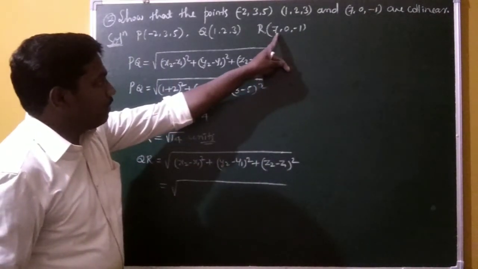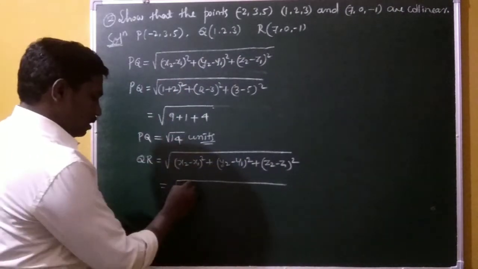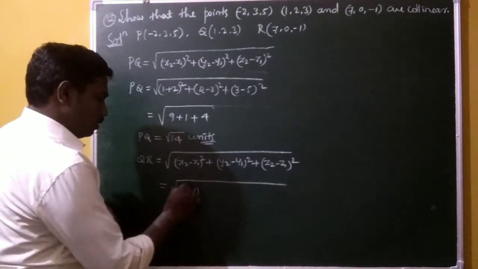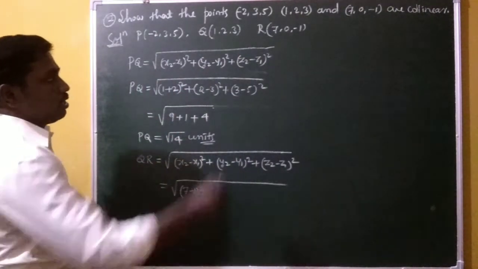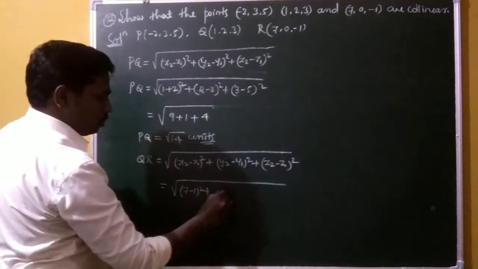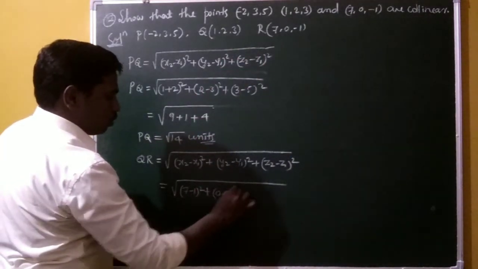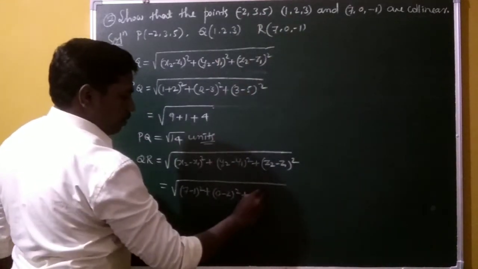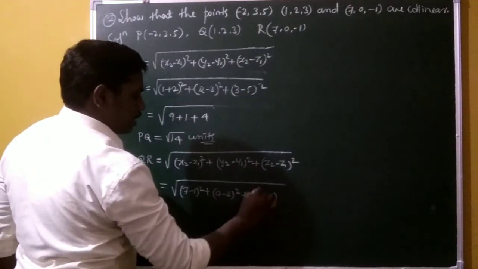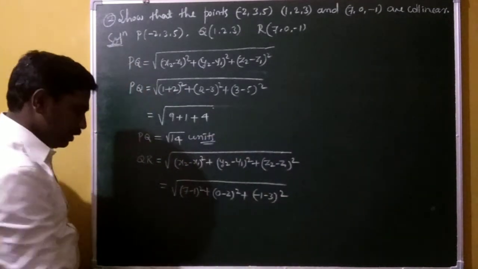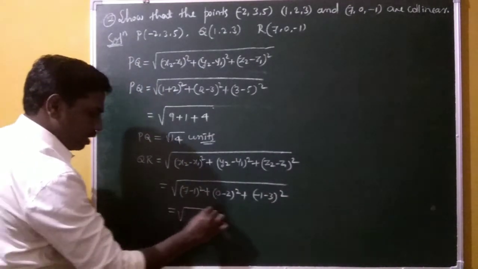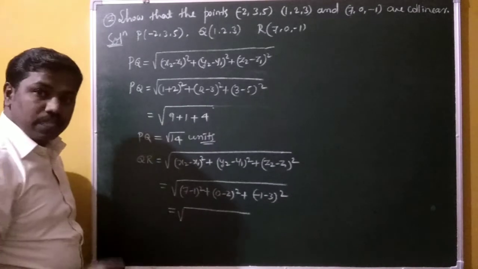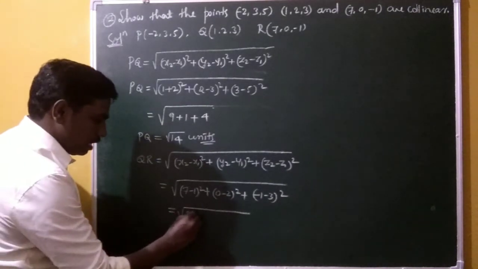So (7 minus 1) whole power 2. Next (0 minus 2) whole square. Next (minus 1 minus 3) whole square, right? 7 minus 1 is 6, 6 square is 36.